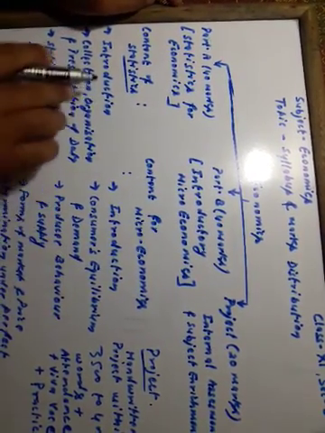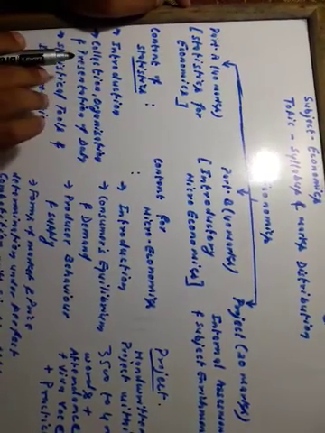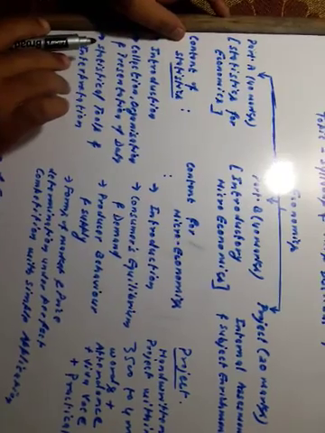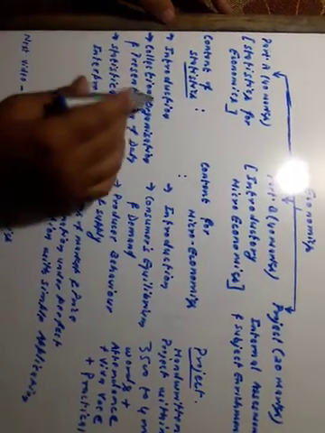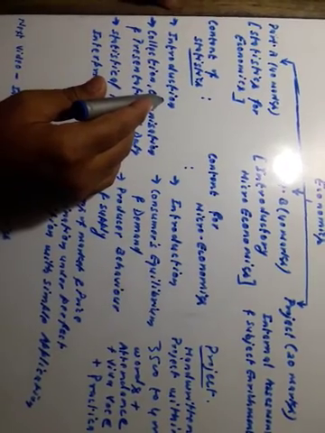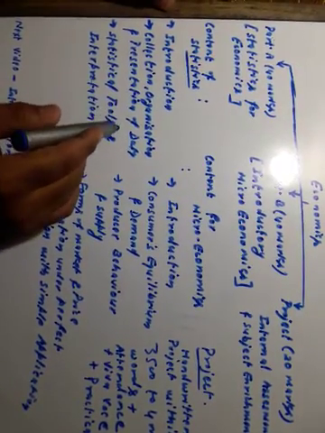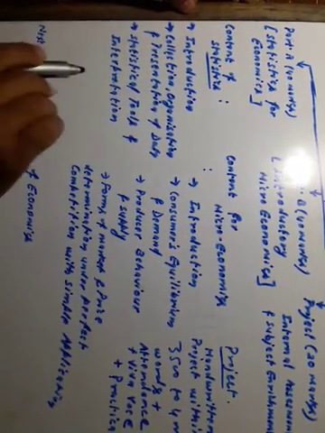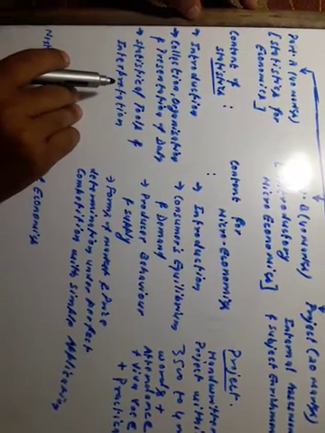Let us discuss the content of these parts. Starting with statistics, this part is divided into three units. The name of the first unit is Introduction, the second is Collection, Organization and Presentation of Data, and the third is Statistical Tools and Interpretation.